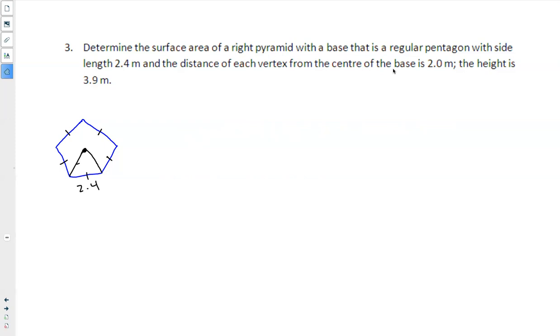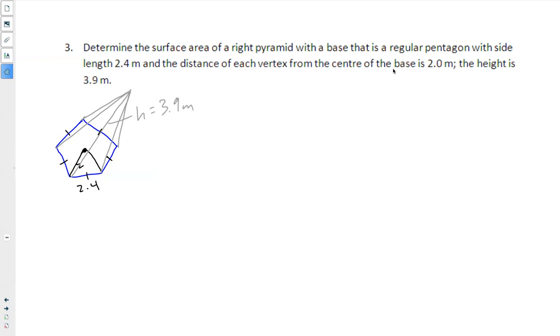is 2 meters. And the height, so let's try to put a cap on this. You have to use your imagination a little bit. The height is equal to 3.9 meters.